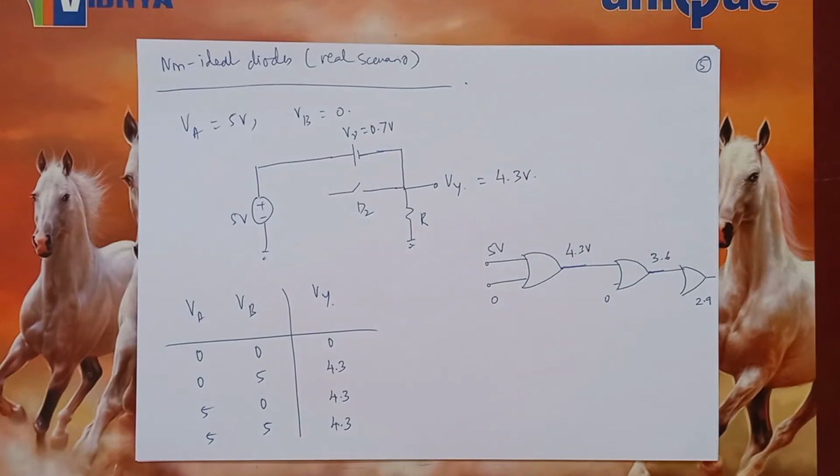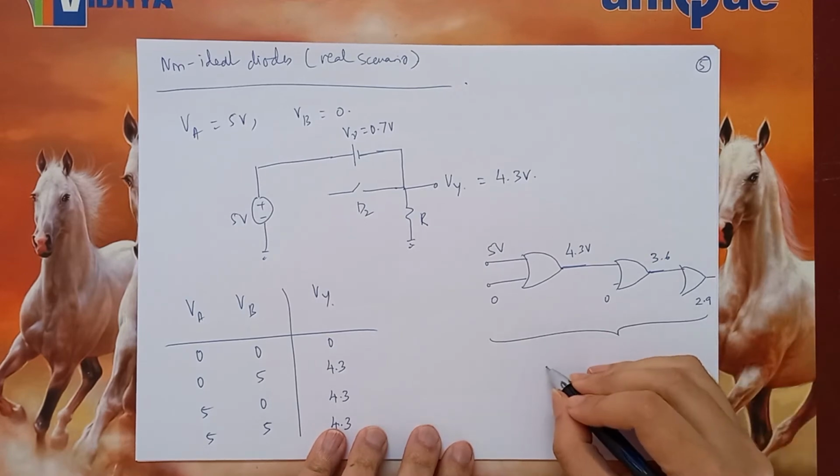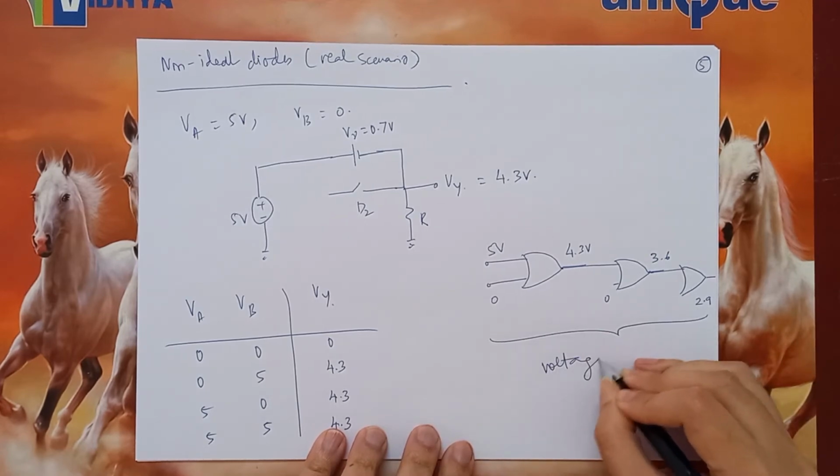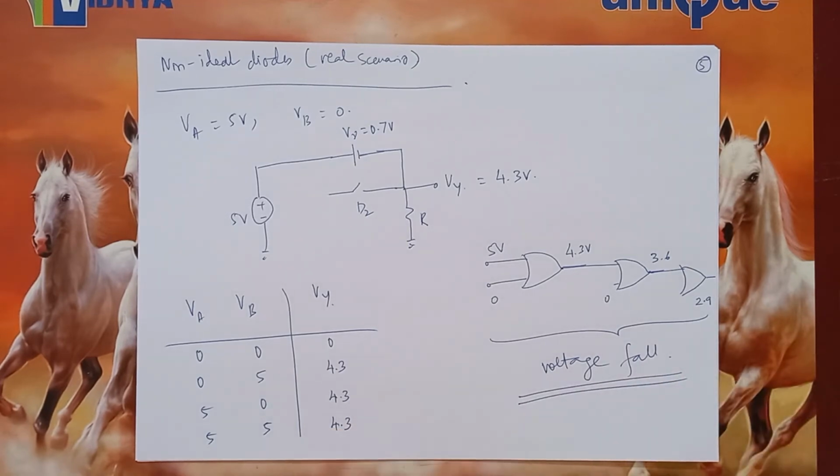It's neither 0 nor 1. In that case, what will the computer do? This is disastrous. This is called voltage fall or voltage drops. Therefore, this is a terrible, terrible circuit. It may look very easy to analyze, but in reality, this is just terrible.